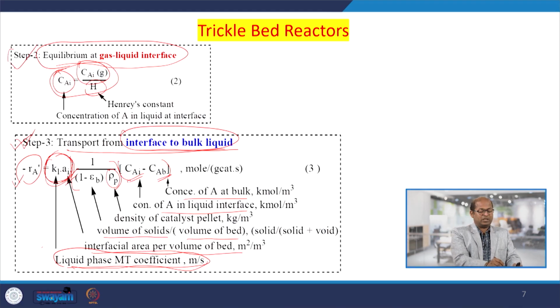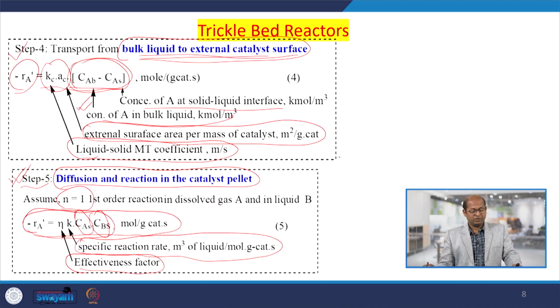Then Henry's law, step 2, gives the gas-liquid interface concentration, the solubility of the gaseous component in the liquid. Then interface to bulk liquid transport of component A, for which we derived rate equation 3. Then the bulk to the external surface of the catalyst has this rate equation, and for diffusion and reaction the rate equation is this.